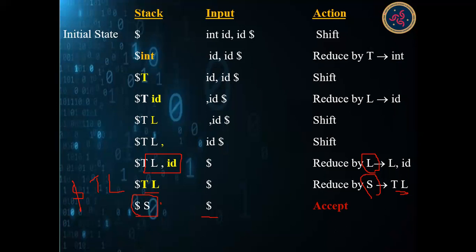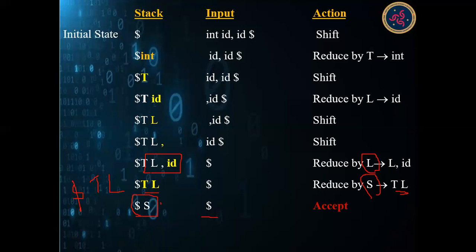Reduce means, based upon the productions given in the grammar, we have to consider the right side of the production, pop that many symbols from the stack, replace those symbols by the left hand side of the production, and that non-terminal should be pushed onto the stack.